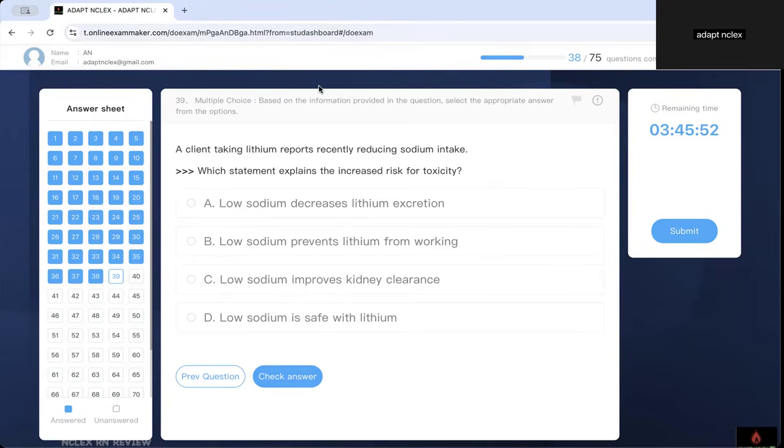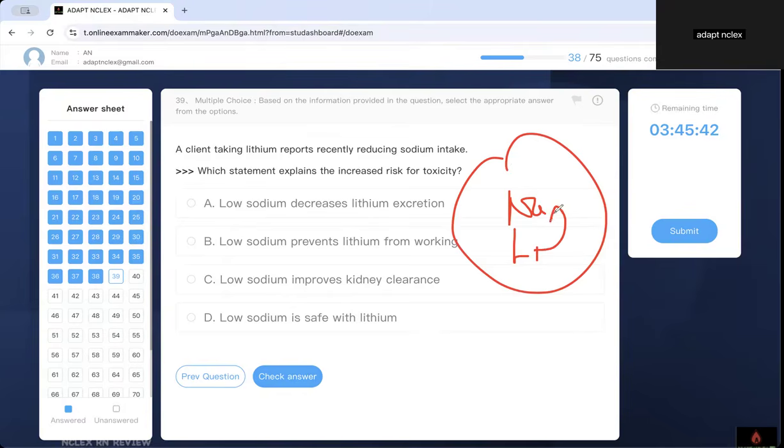Let me tell you, I know you know this from a long time ago when you did your chemistry: lithium and sodium are in the same group 1 metals. That means they can exchange with each other. If you lower your sodium, lithium is happy. The kidney needs to have positive charge. Sodium has what? Positive charge.